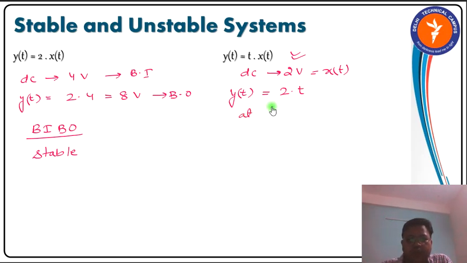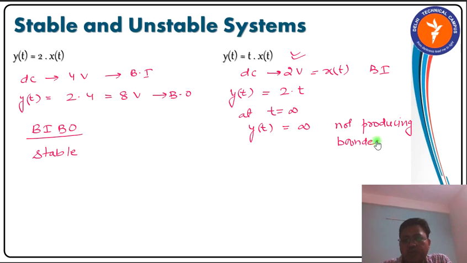And now at t equal to infinity, y(t) will be infinity. As a bounded input is not producing a bounded output, we will say the system is unstable.